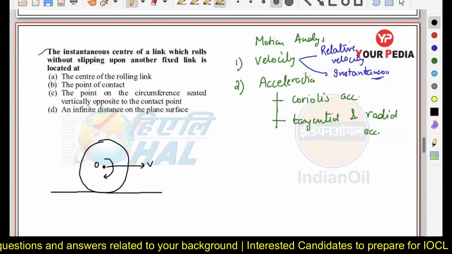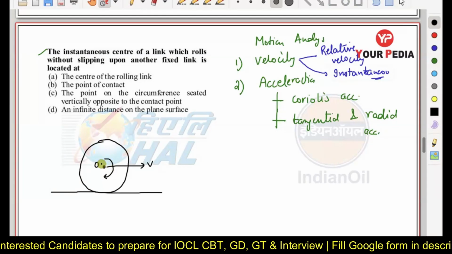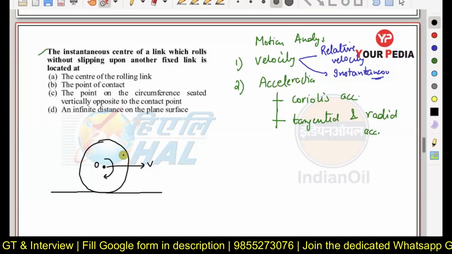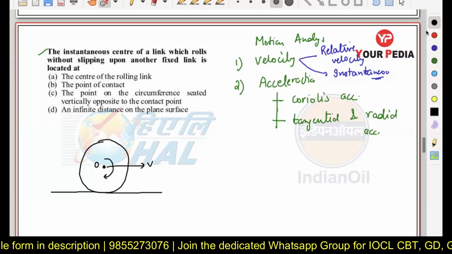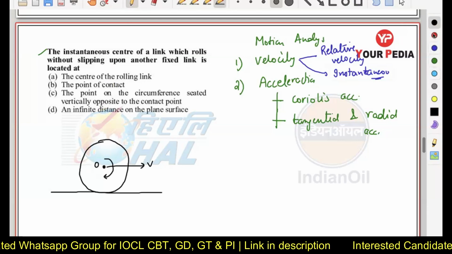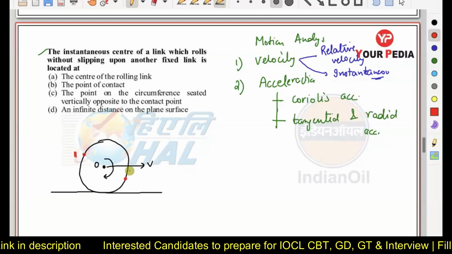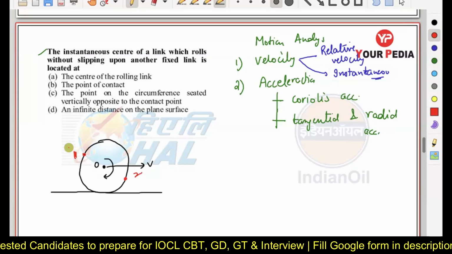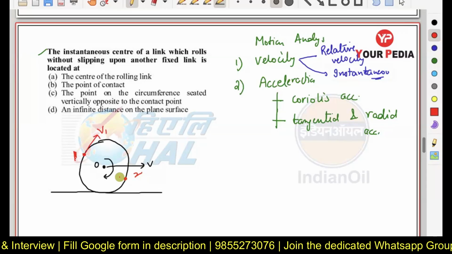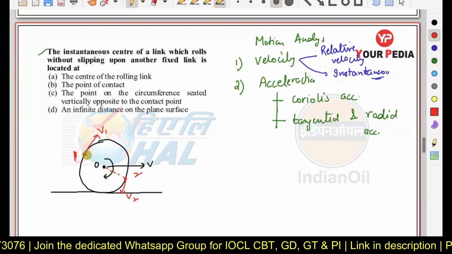Why so? Because in this case, as the wheel is rotating as well as translating over a flat surface, the instantaneous center keeps changing. So how are we going to analyze that? First of all, we have to consider any two random points. Let us say I am considering point number 1 and point number 2. Now you can see point number 1 is going to have a velocity component like this one, due to the pure rotation.